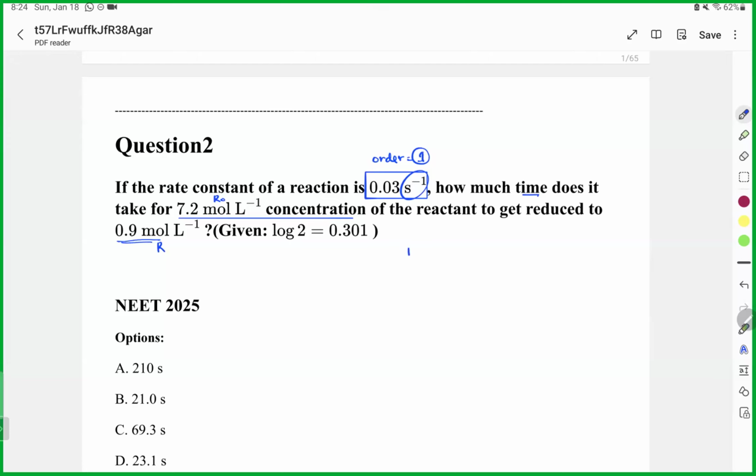At this rate constant, what will be the time? Log 2. So it will be approximately 0.7 multiplied by 100. What will be the answer?